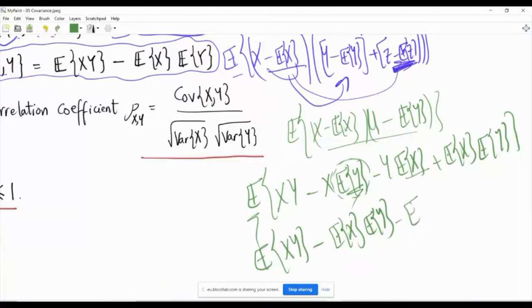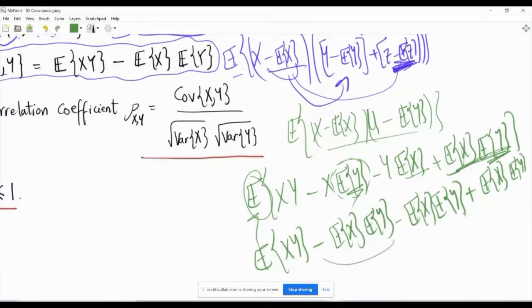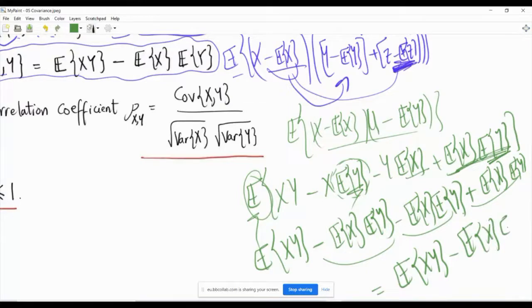Expectation x is a constant, which you can pull outside, and then you take the expectation of y. And the last term is a constant, and the expectation of a constant is the constant itself, so this is expectation x times expectation y. So we have minus the product plus the product, and this equals the expectation of the product minus expectation x times expectation y.